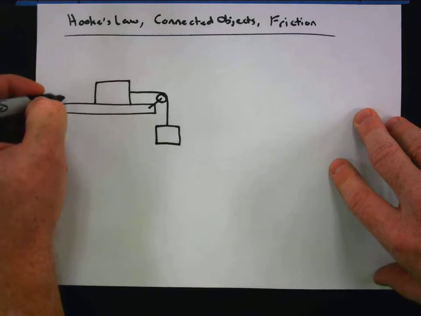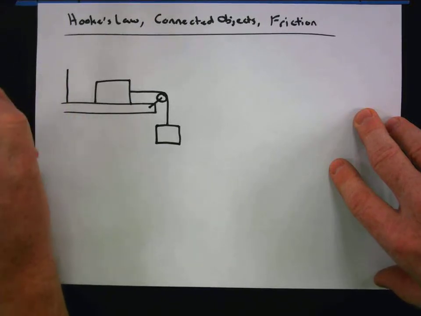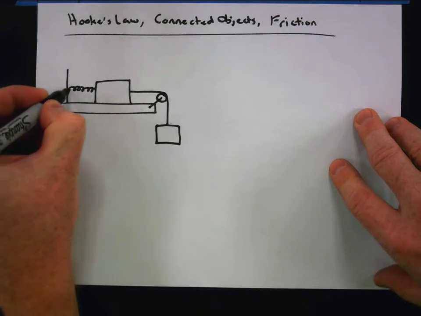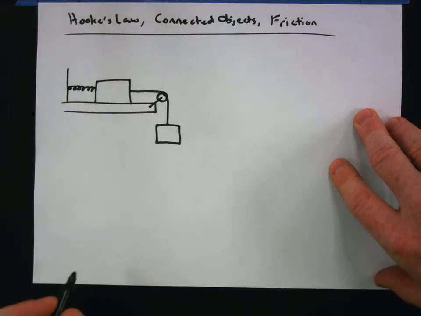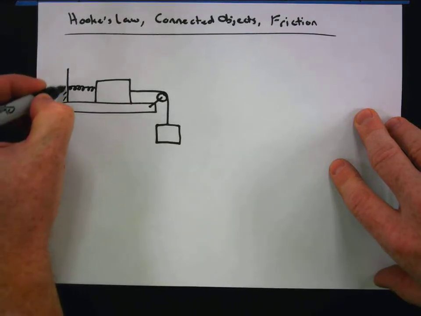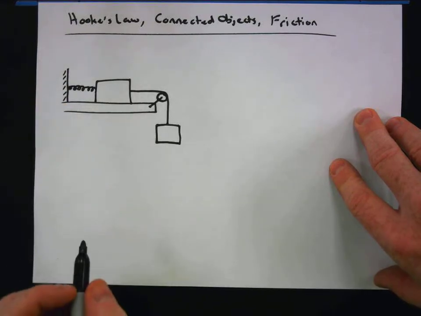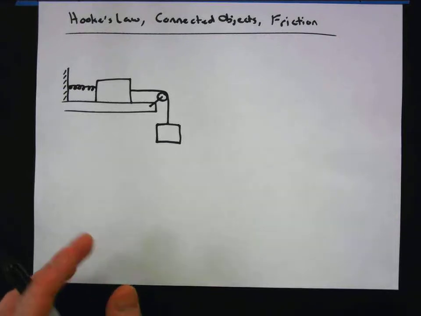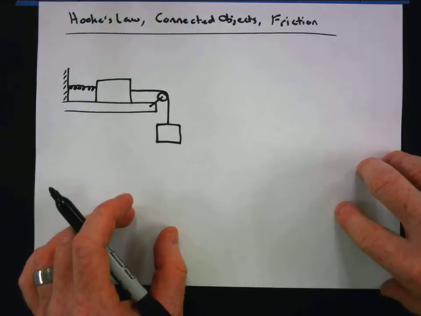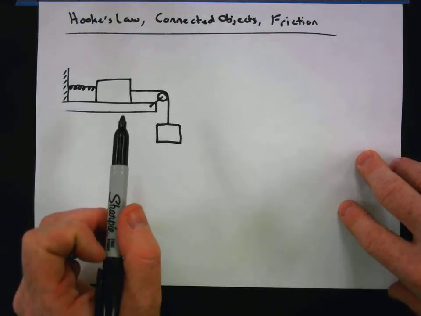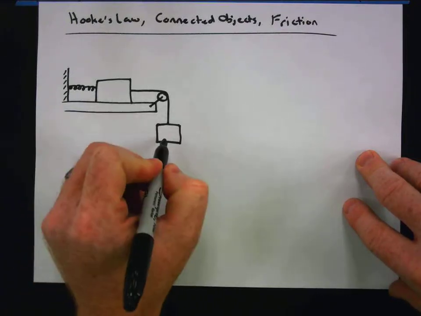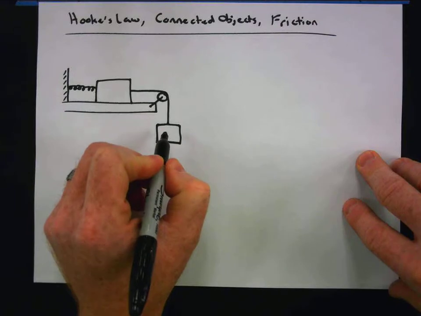But the interesting thing here, the twist, is that this block is connected by a spring to this stationary surface. Okay. We're going to sort of just imagine what's happening when these are connected together and then released.